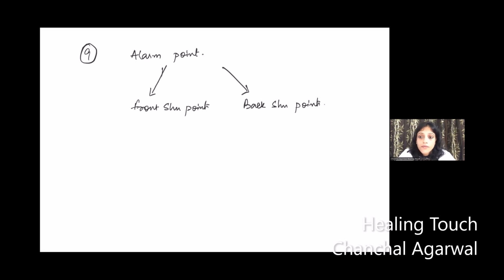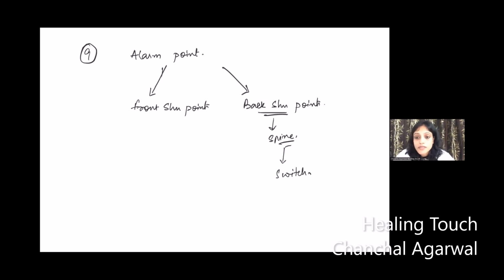So for 12 organs, there are 12 points on the front side of the body, 12 points on the back side of the body. The back shoe points are present near the spine. So I always say that these points are nothing but the switch.